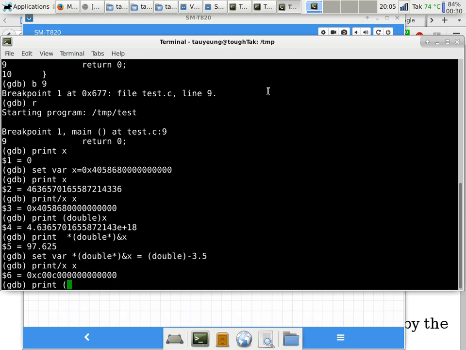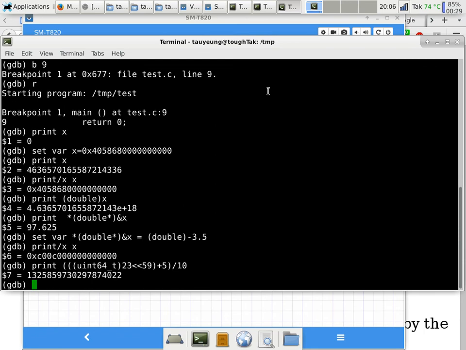So the best way to do it is really to typecast 23 first to 64-bit unsigned. Then you can do the shifting. Okay, so we shift it by 53 times, and then we add 5 to the whole thing, right? And then we divide the entire thing by 10. Okay, so that turns out to be this number.